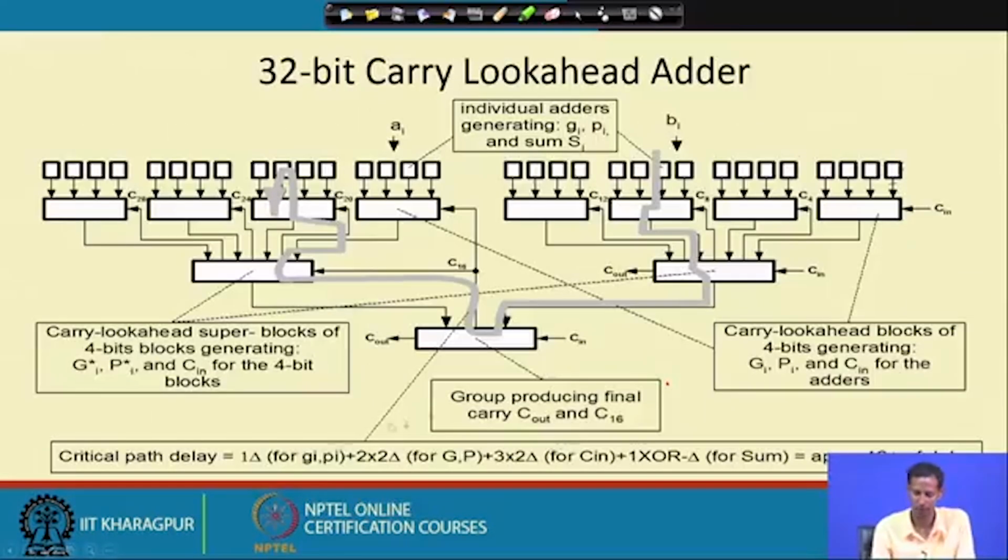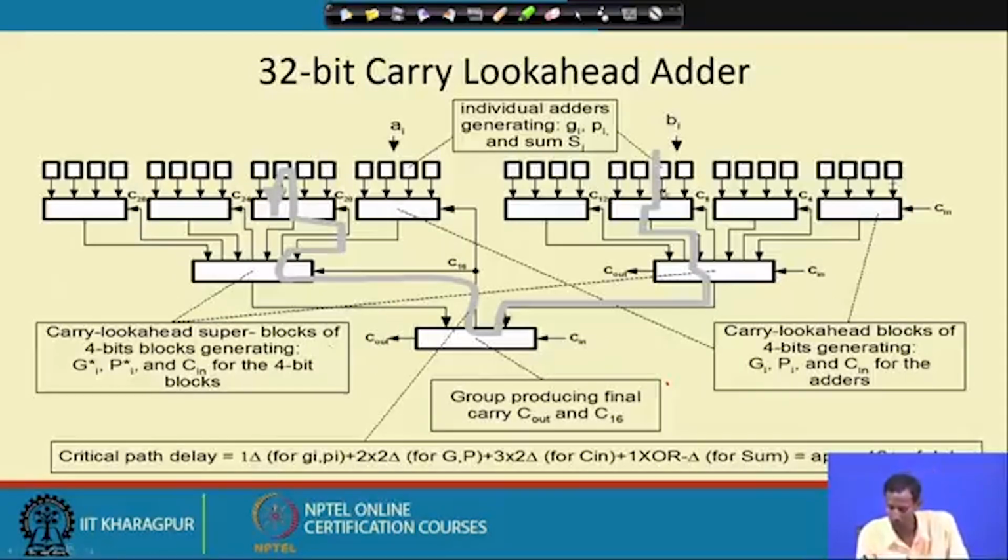Okay. So, this is the 32-bit carry look ahead adder. We have grouped into 4-bit look ahead carry adders, and then the carry we are considering, we have subdivided into this 16-bit adder and this 16-bit adder, then these two are finally added again, and we are getting the corresponding final Cout.